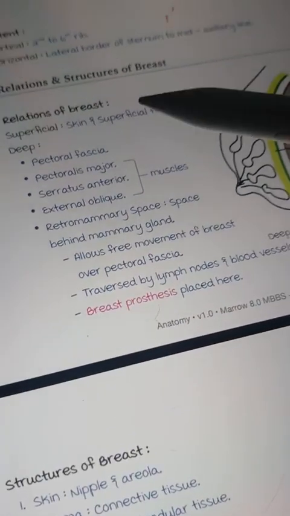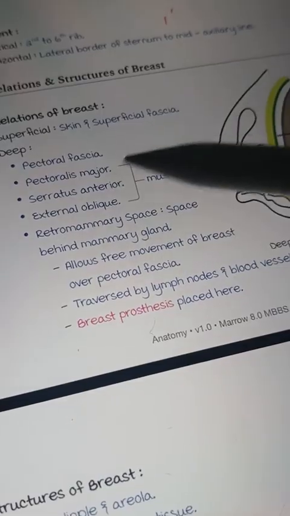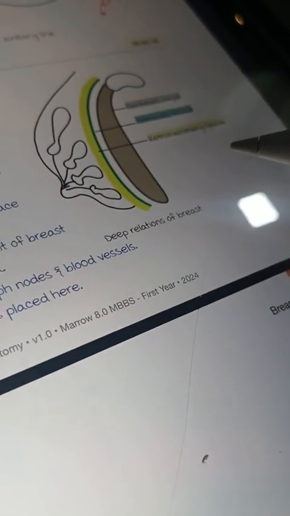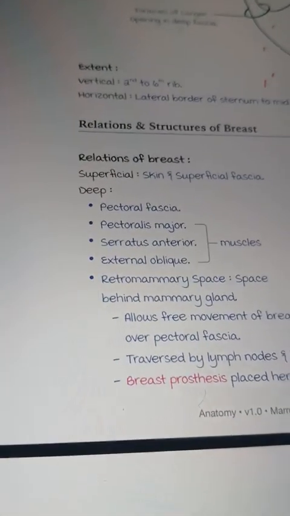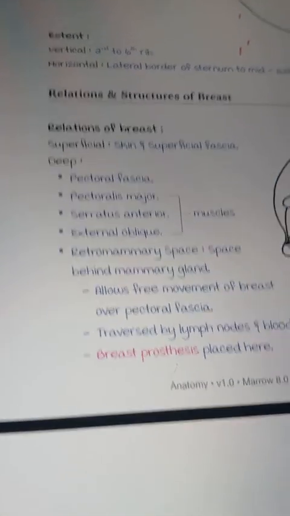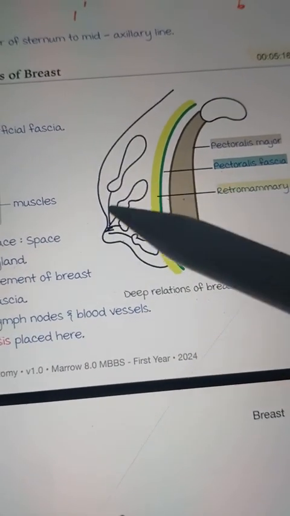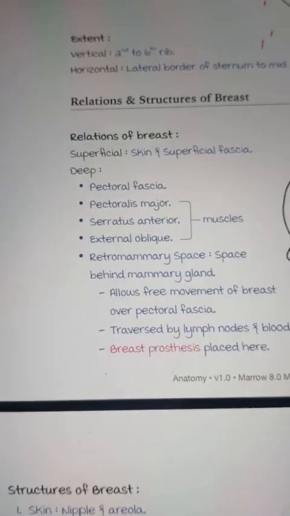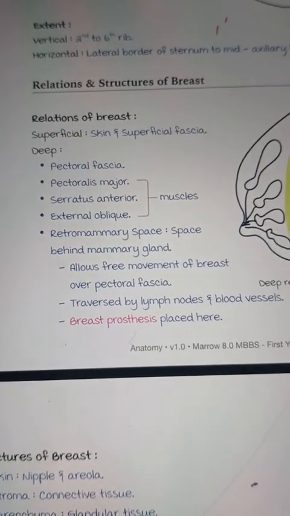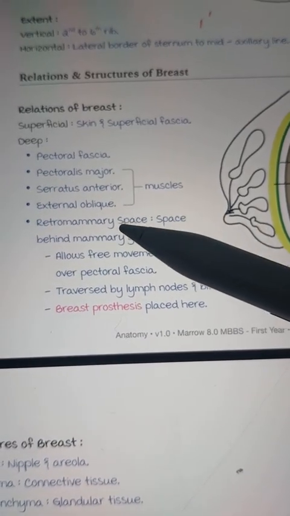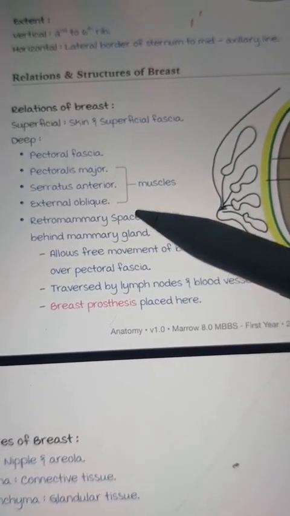Now talking about relations and structures of the breast. Superficially it is related to the skin and superficial fascia, and the deep relation is through the pectoral fascia. As you can see over here, that's the pectoral fascia, then the next relations are pectoralis major, serratus anterior, and external oblique, which are the muscles.